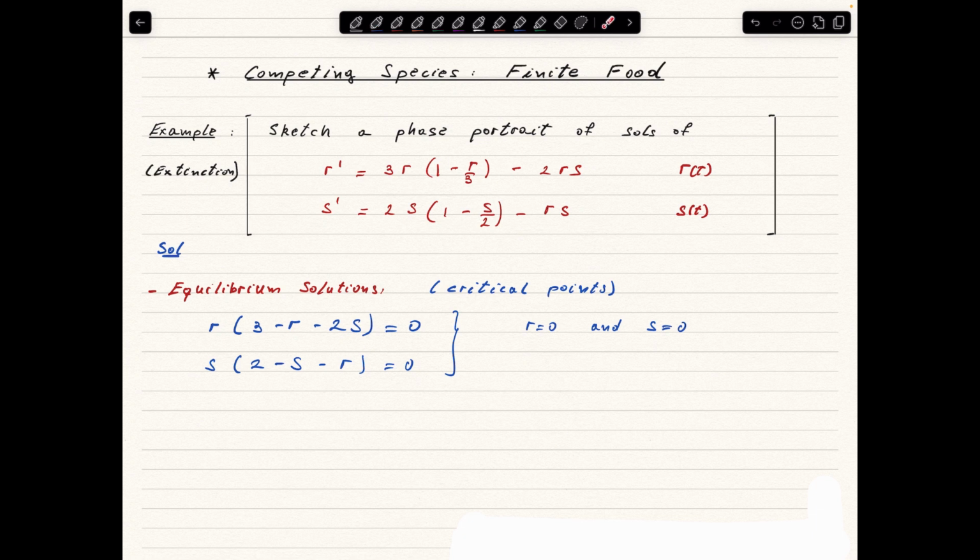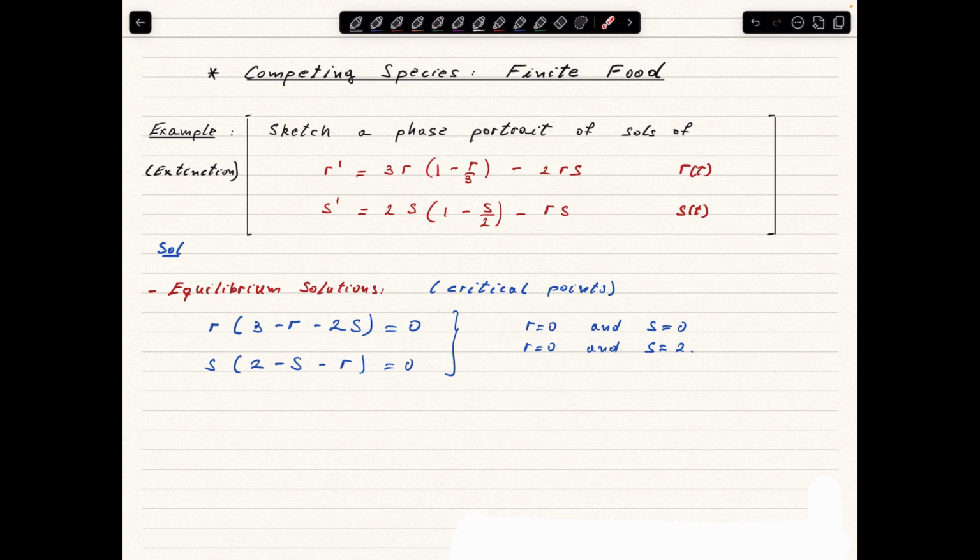Then another solution is r equals 0, which satisfies the first equation, and then because r is 0, the other term is not there. And then we can have s equal 2, and then we are going to satisfy the second equation. So r equals 0 and s equal 2. You see, this is because we wrote the equation in a nice form as a product. Then it's easy to see the solutions.